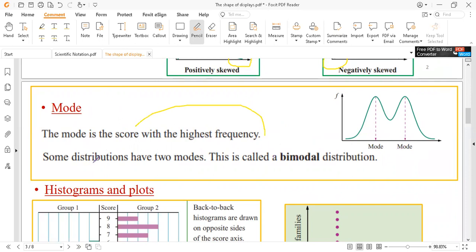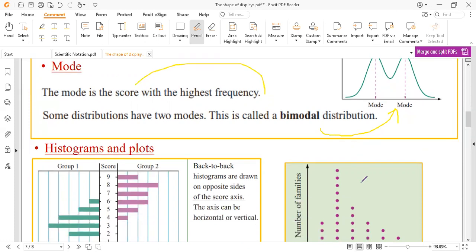Some distributions have two modes, like we see in this plot. We have two maximums, so we have two modes. We call this a bimodal distribution.